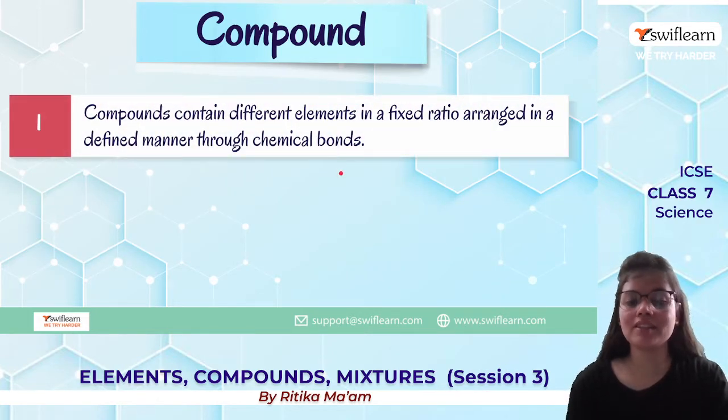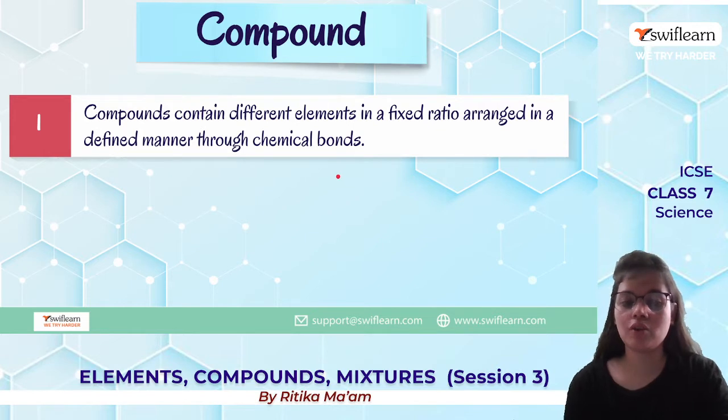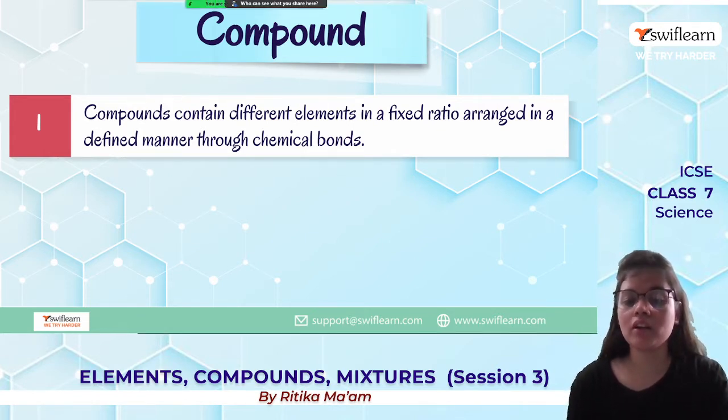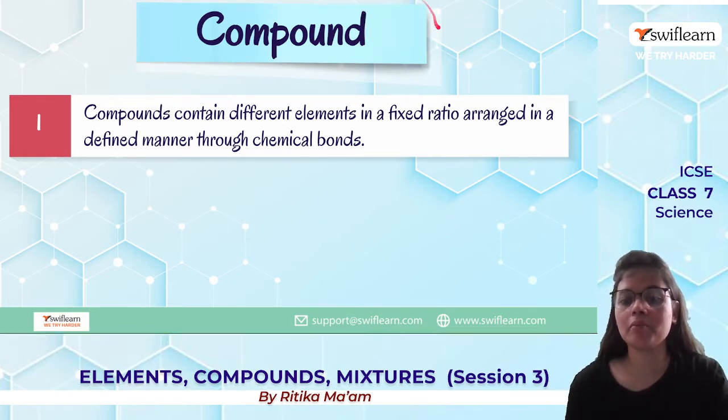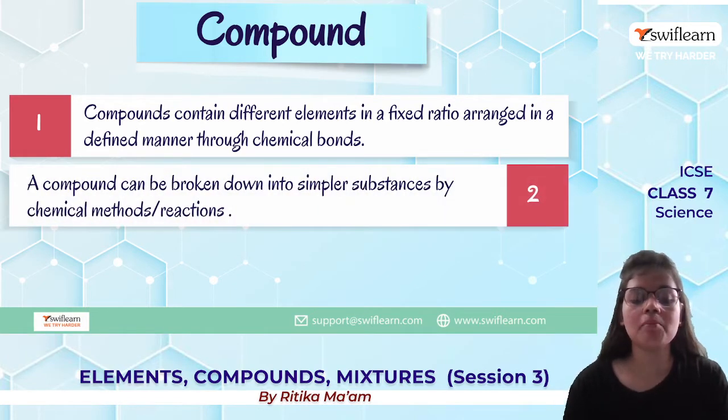Now, compounds contain different elements in a fixed ratio arranged in a defined manner through chemical bonds. So if I talk about water again, so here H2O, hydrogen and oxygen, they are combined chemically in a defined manner. Okay, so they are formed by chemical bonds. A compound can be broken down into simpler substances by chemical methods or reactions.